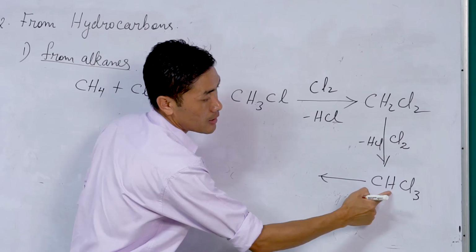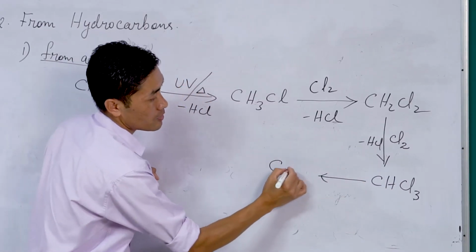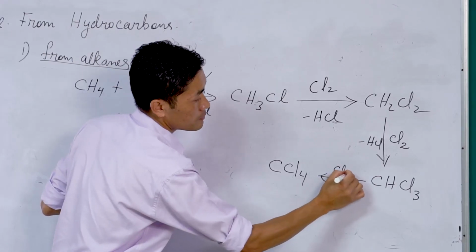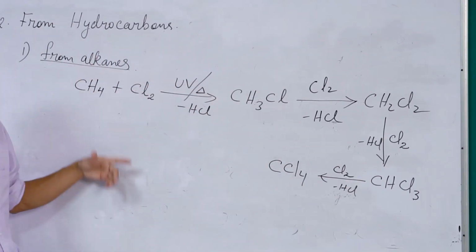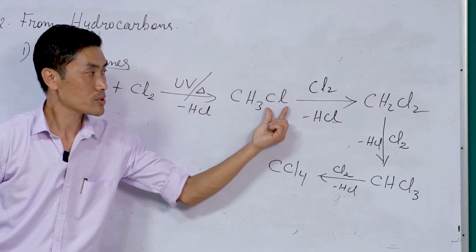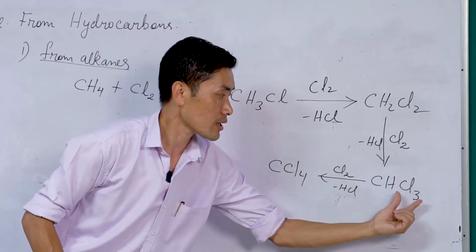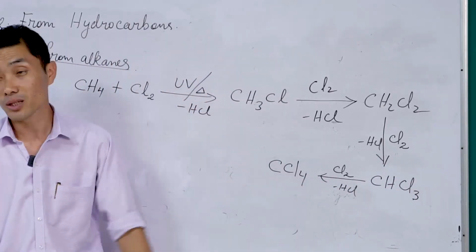Then finally the last hydrogen can also be replaced to give CCl4. So in the first step we get a mono-halo compound, then a di-halo compound, then a tri-halo compound and a tetra-halo compound.